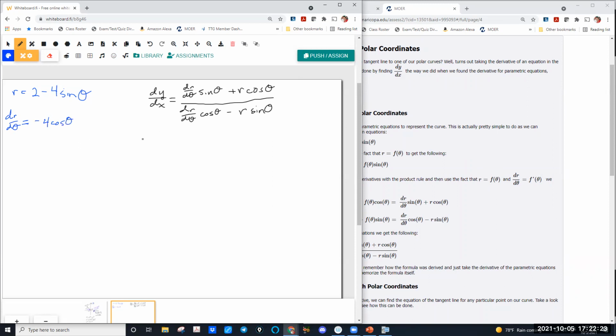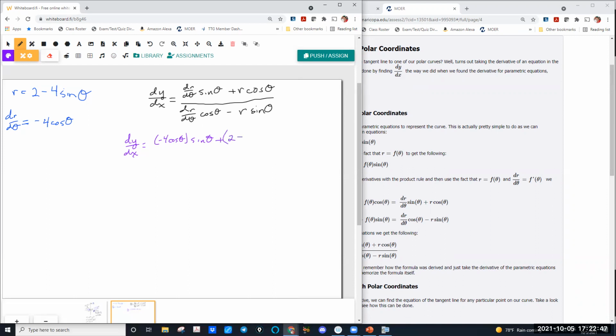So what does that make our dy/dx look like? Well, we substitute in because we want this to all be in terms of theta. So dr/d theta gets put in, so minus 4 cosine theta, sine theta. And we also plug r in.